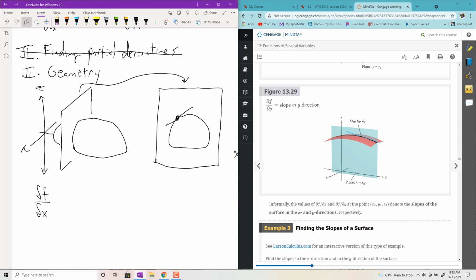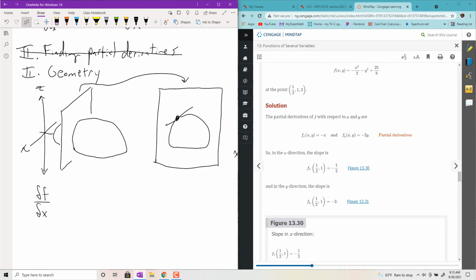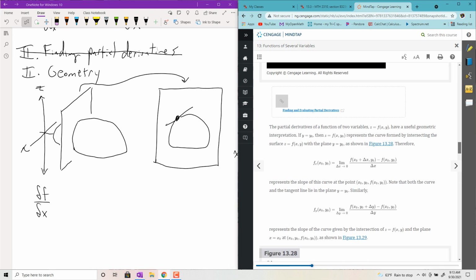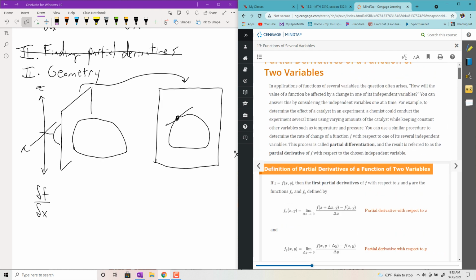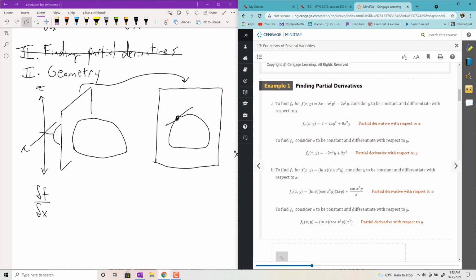And then likewise here, I'm cutting the surface with a plane in the y direction. That's thought of as a partial derivative in the y direction, with a partial derivative with respect to y. And again, you see you're cutting the surface, and you're picking up a point on the trace and finding the slope there. Okay, so hopefully that gives you some intuition. It's probably weird to you right now, but that's the idea.